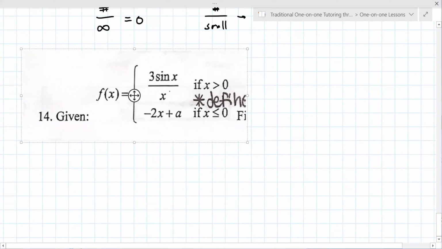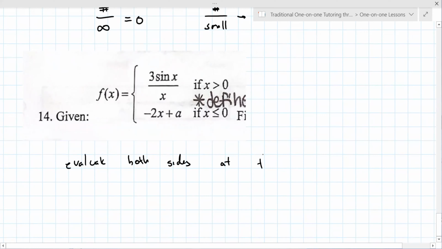So whenever you get a problem like this, you have to evaluate both sides at the breakpoint. The breakpoint is 0, so you're putting 0 in there and 0 in there.